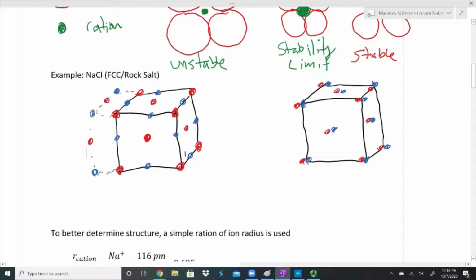And so we have a pair here, we have a pair here, we have a pair here, we have a pair. Everything has a pair. So in this case, the case on the right, we can easily see that we have an NaCl pair at each lattice site.